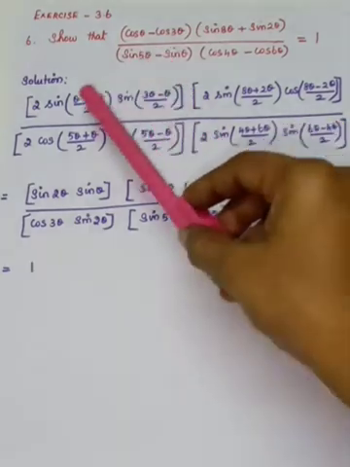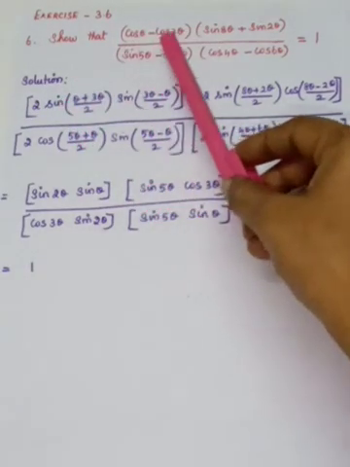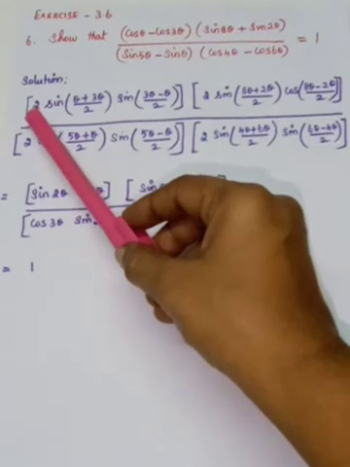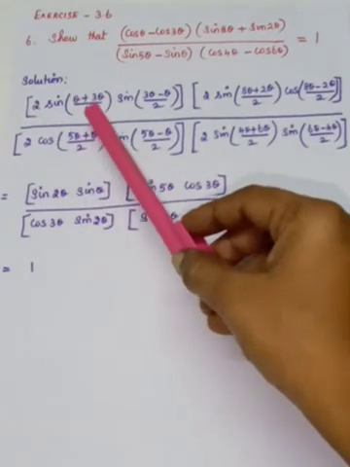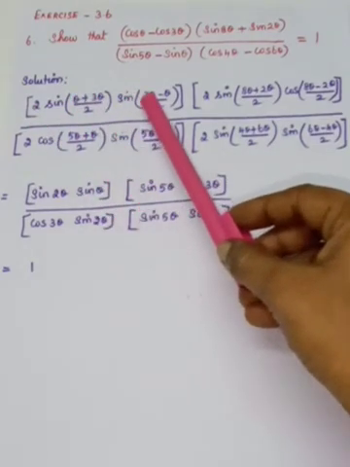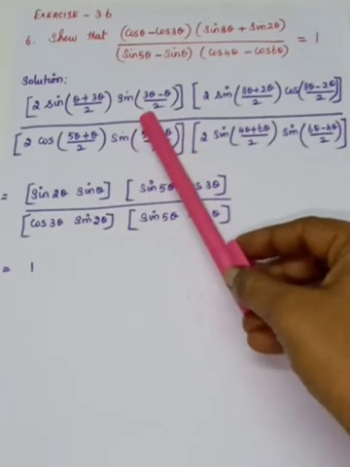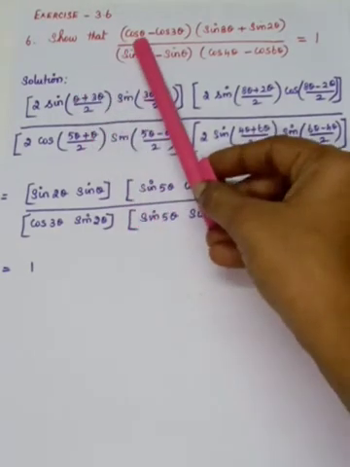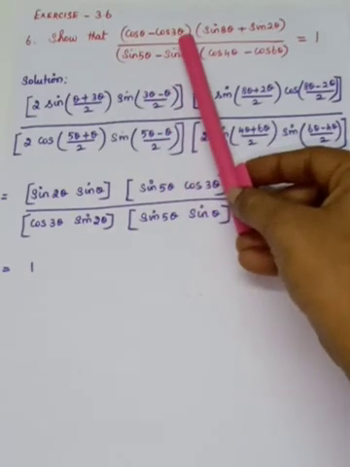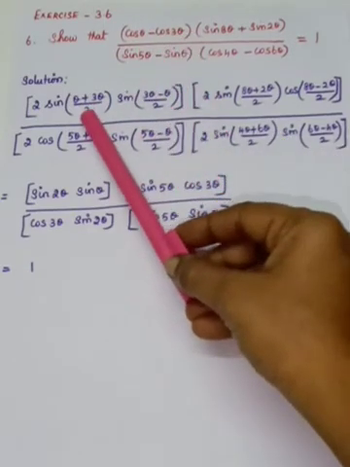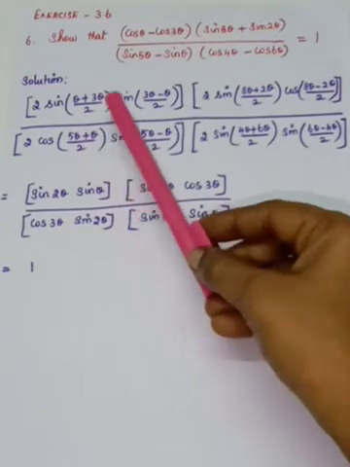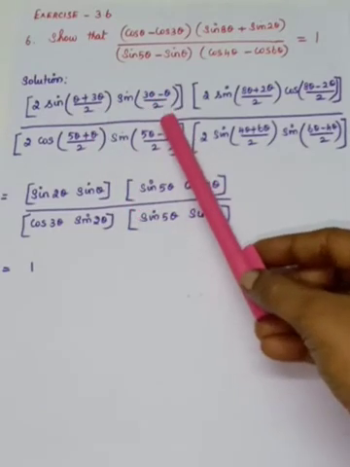So cos C minus cos D can be written as 2 sin C plus D by 2 sin D minus C by 2. So you have to use that formula. If you use it, your C is theta and your D is 3 theta. So it is added and divided by 2 and it is subtracted and divided by 2.